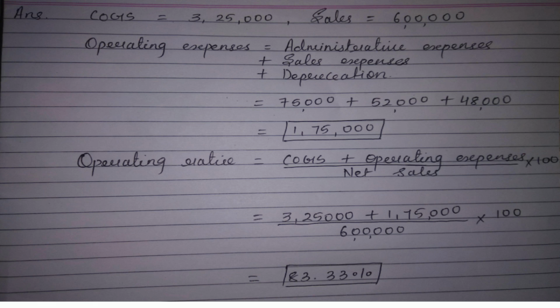Answer is to be mentioned in terms of percentage. You can please check this answer in your textbook at the end, where all the answers for the exercises of all the chapters are given. So as per me, operating ratio and its calculation and its understanding was extremely easy.